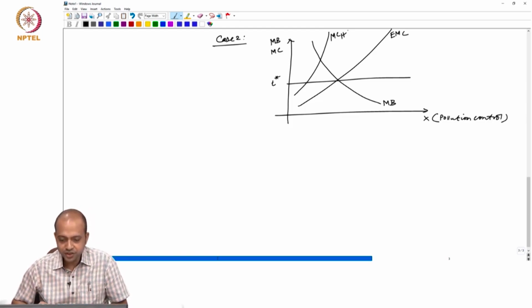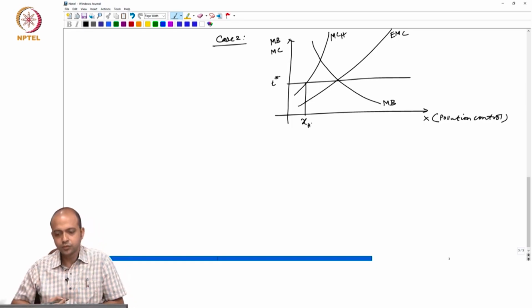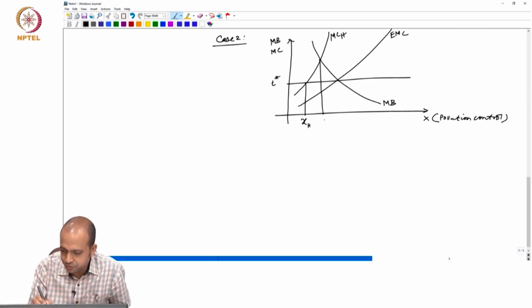Private optima is decided by T equals to MC. So, this is the private optima. Let us say this is denoted by XH. Where is the social optima? This is the social optima, where MB equals to MC is achieved. So, this is called X star H.